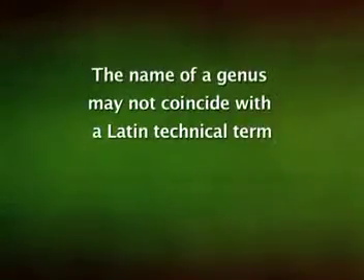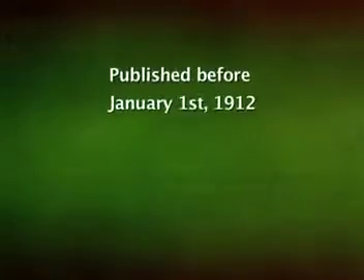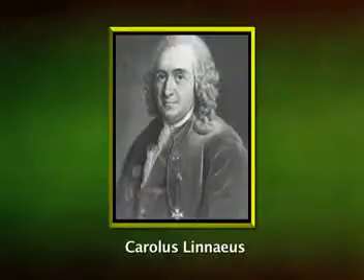The name of a genus may not coincide with a Latin technical term in use in morphology at the time of publication, unless it was published before January 1st, 1912 and accompanied by a specific name published in accordance with the binary system of Linnaeus. The name of a genus may not consist of two words unless these words are joined by a hyphen.